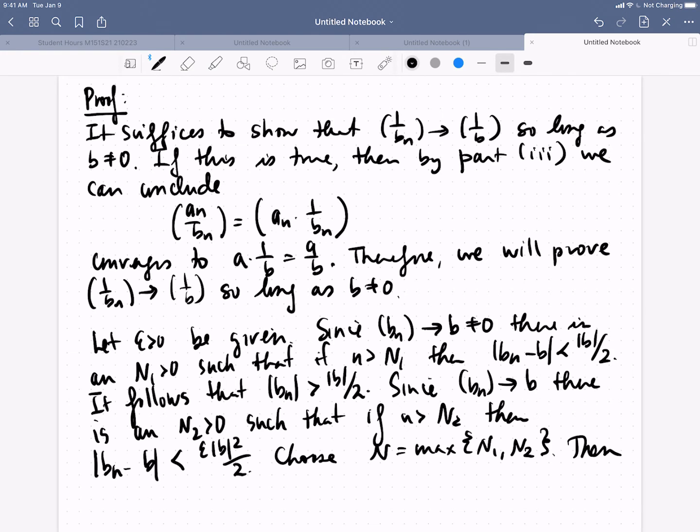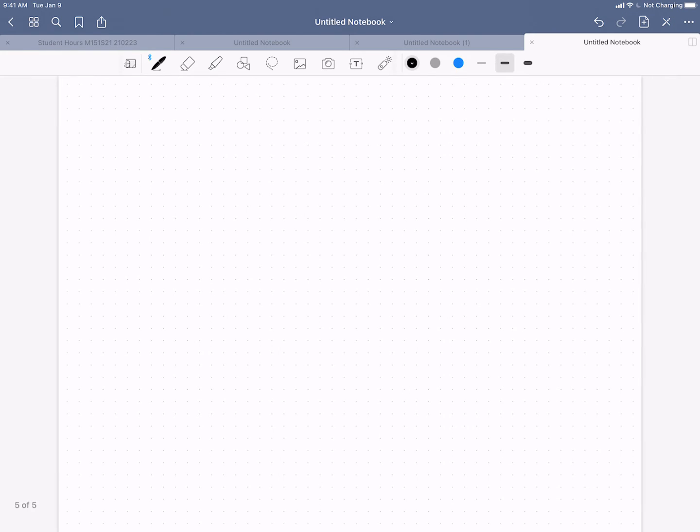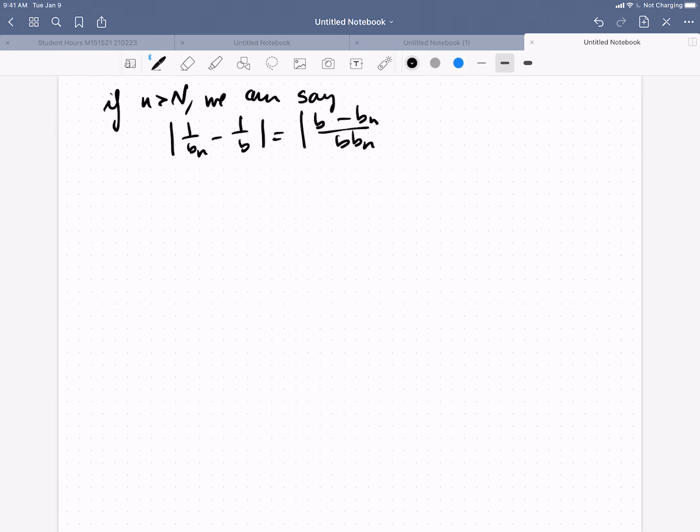Then, and I'll start a new page now, if little n is bigger than capital N, we can say absolute 1 over Bn minus 1 over B is absolute B minus Bn over B Bn, which is absolute B minus Bn over absolute B times absolute Bn.